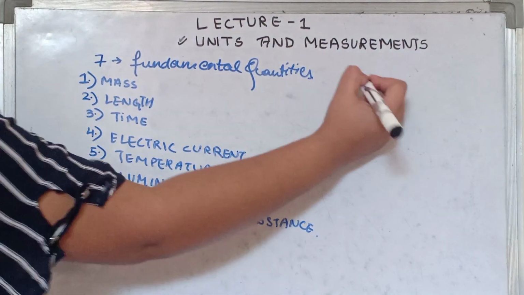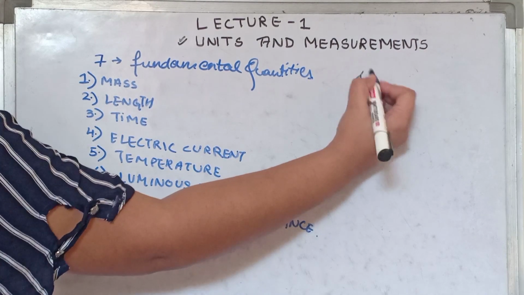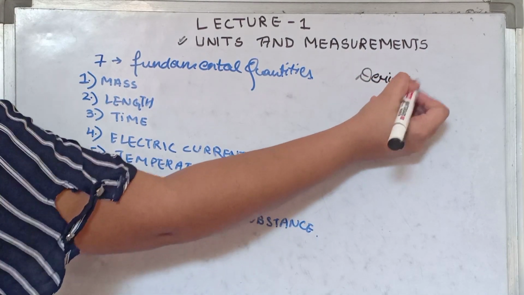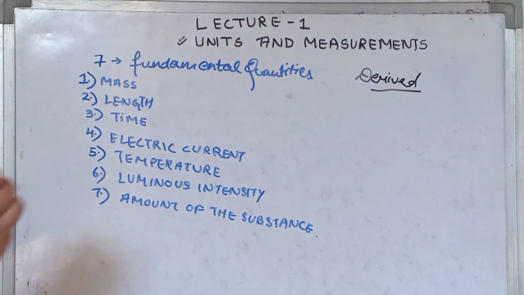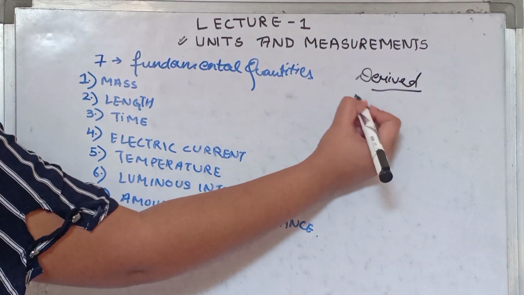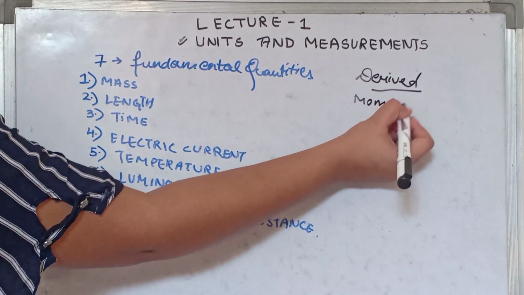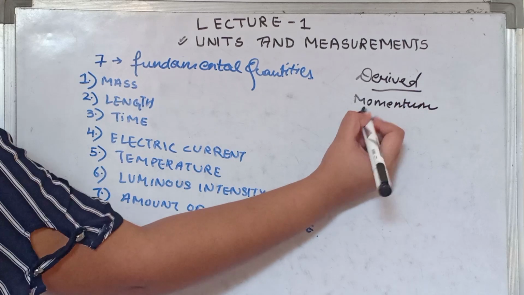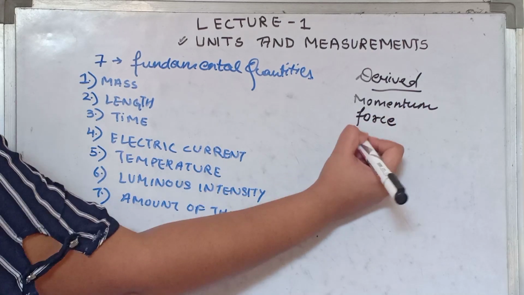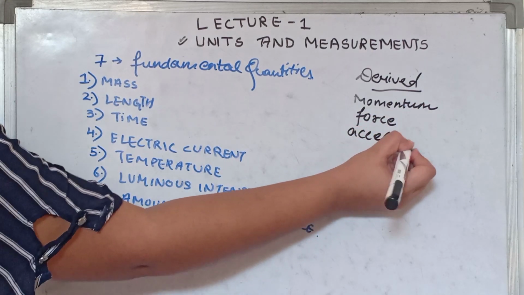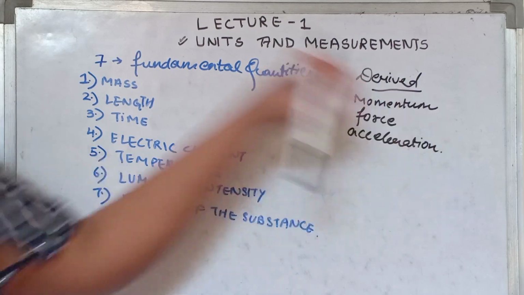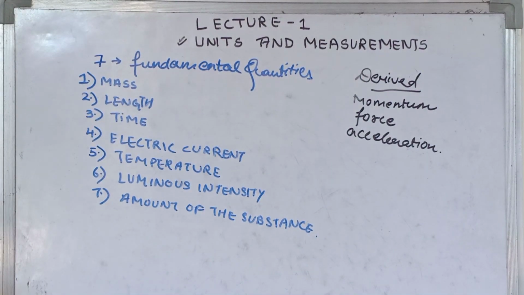Now I'll write a few examples of derived physical quantities: say, momentum, force, acceleration, etc. There are many. Now I'll explain the basic difference between the two.